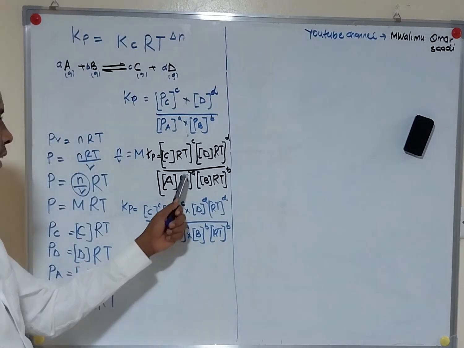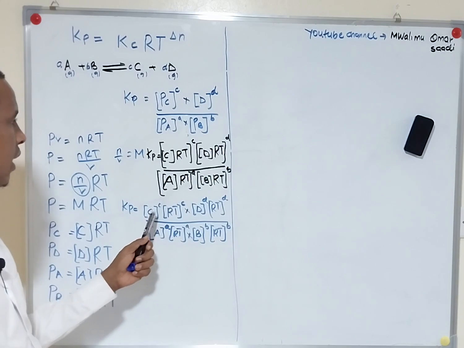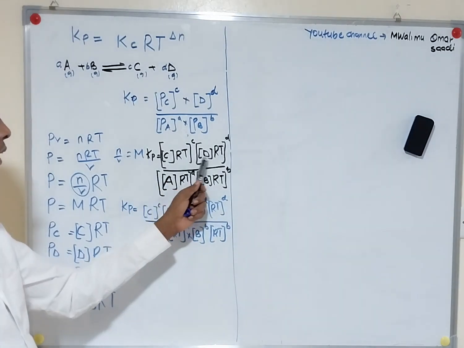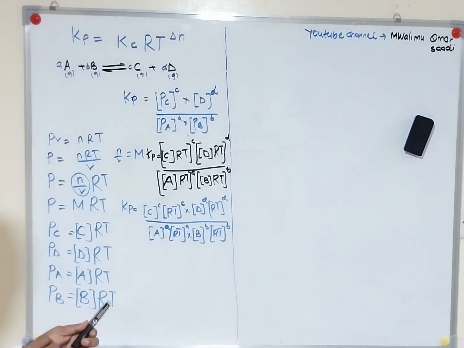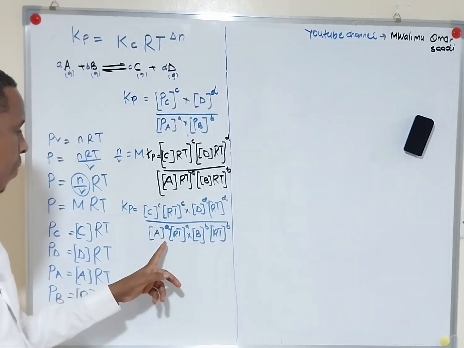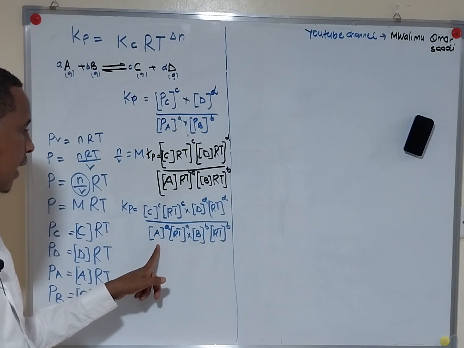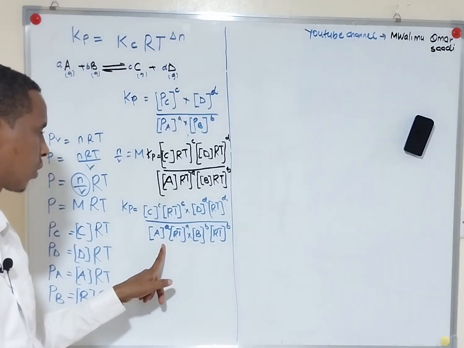This equation is the same as this, but we have only separated the two. So from there, we will now replace, or let's consider a Kc in this equation.